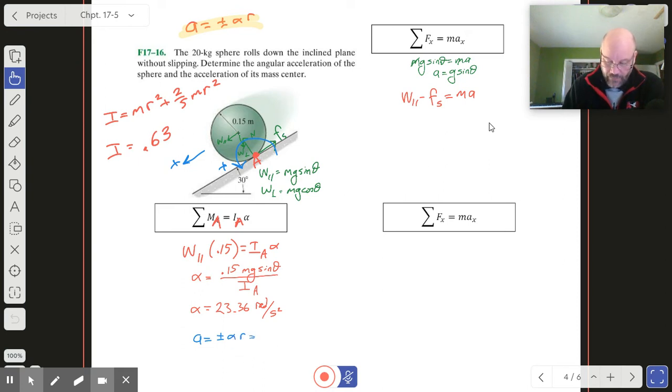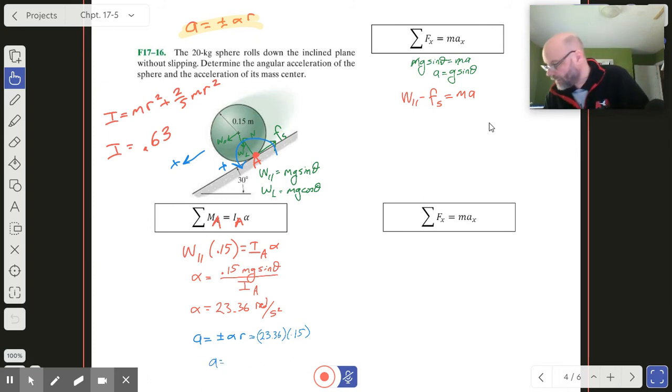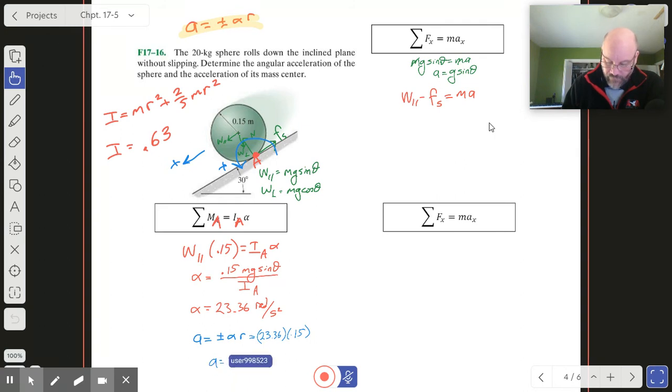So here then I'm going to have 23.36 times the radius, 0.15. And that means that a turns out to be 3.504 meters per second squared. Just like that.